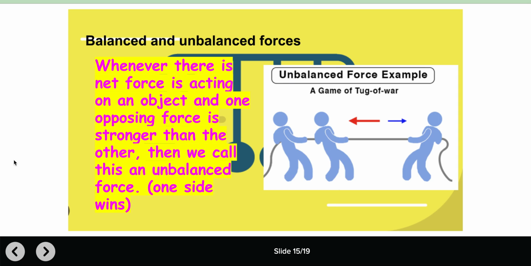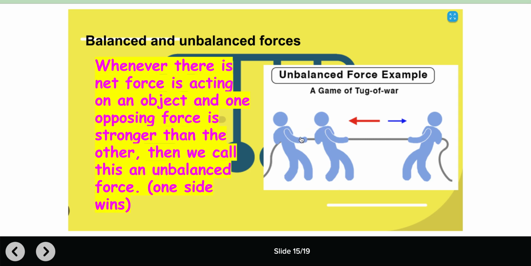Okay, so whenever we talk about any of these net forces, they're going to be under one of 2 categories, either a balanced or unbalanced force. So whenever there is a net force acting on an object and one opposing force is stronger than the other, then we call this an unbalanced force. So like in the picture, we have these opposing forces playing tug of war.